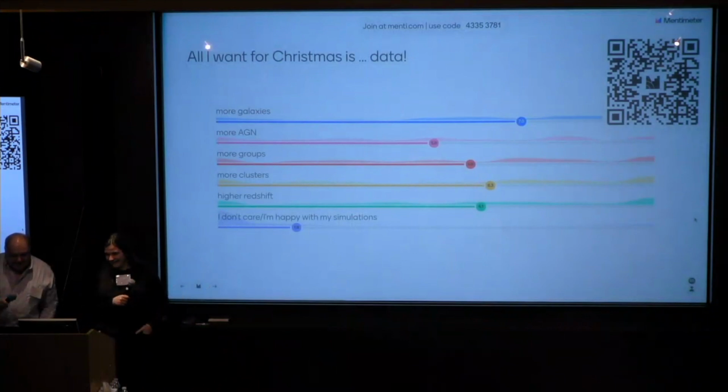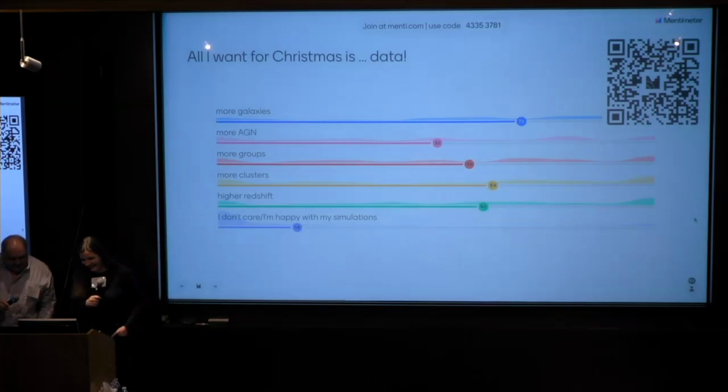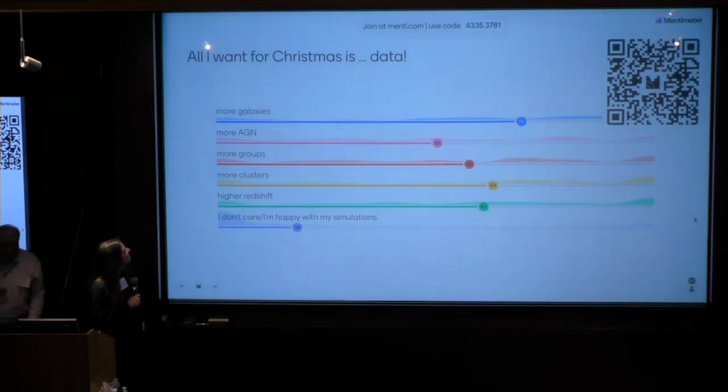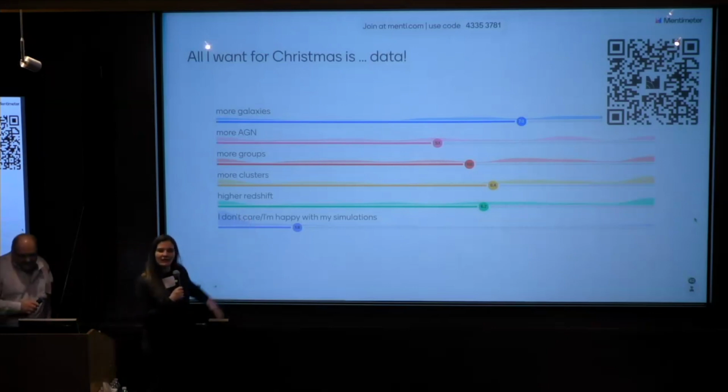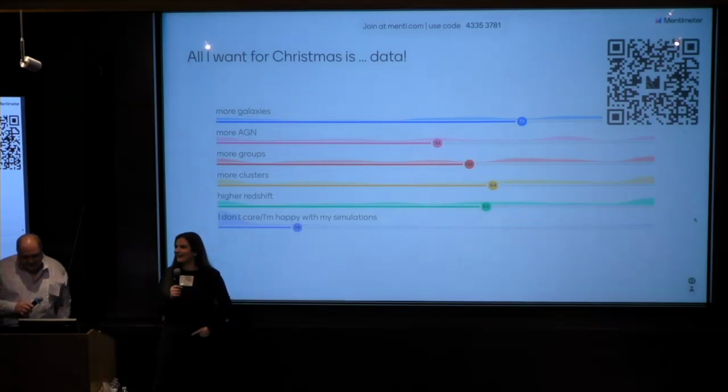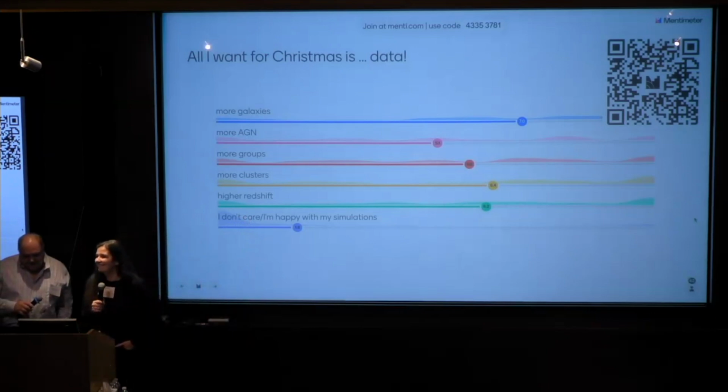Interesting that we have a full distribution. It's not like we need a single thing. We need everything, including I don't care. I love that. It makes me very happy that you want more data. We didn't hear anything about very high redshift stuff though today. It's very interesting that either you really want high redshift or you really don't want high redshift.